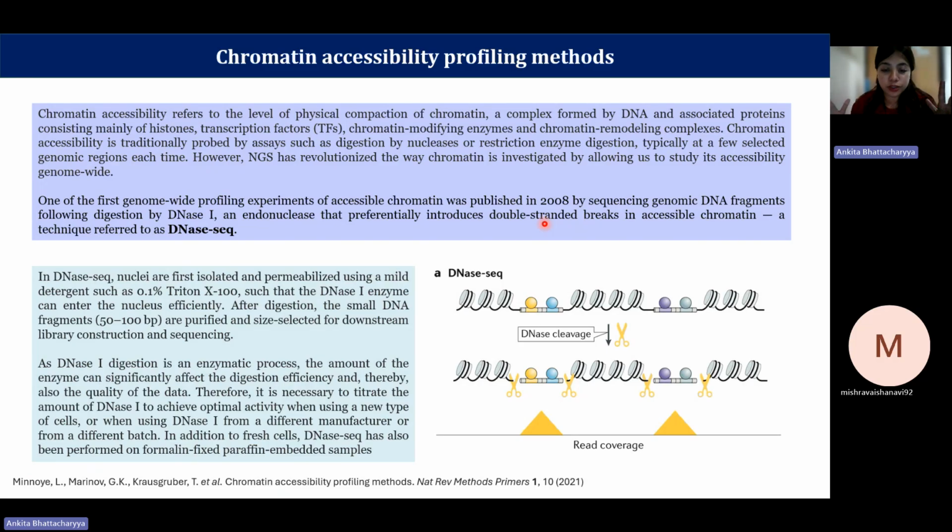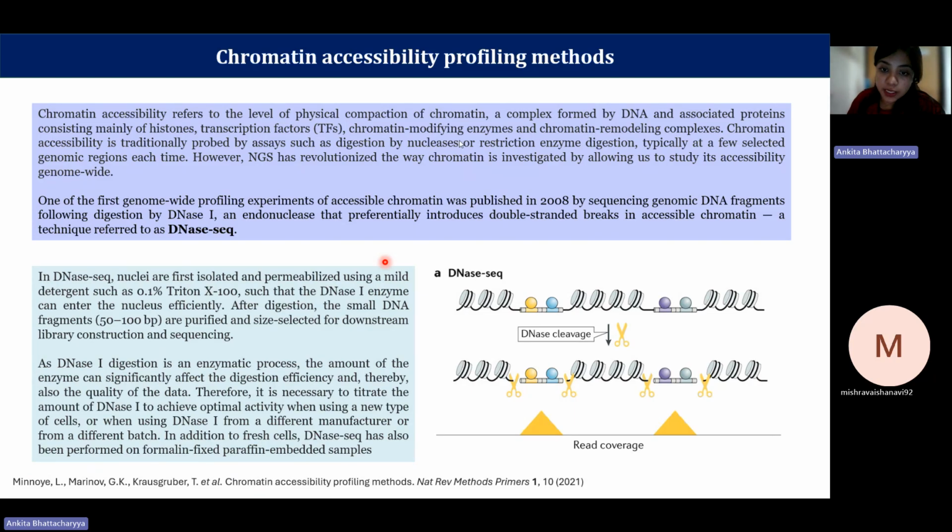You can look at the entire genome in one go, in a snapshot, and use that for your study. One of the first genome-wide profiling experiments of accessible chromatin was published in 2008, sequencing genomic DNA fragments following digestion by DNase I, which preferentially introduces double-stranded breaks in accessible chromatin. This is referred to as DNase-seq: you digest with DNase and then perform sequencing.